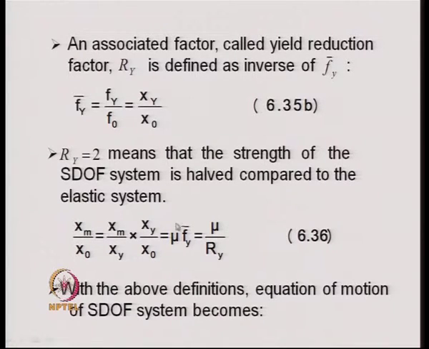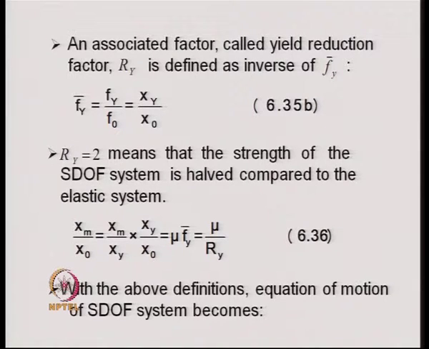We can see here that the maximum displacement for the elastoplastic system divided by the corresponding maximum displacement in the elastic system is finally written as mu divided by Ry, or the ductility divided by the reduction factor.